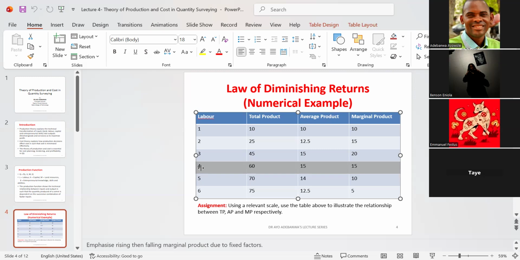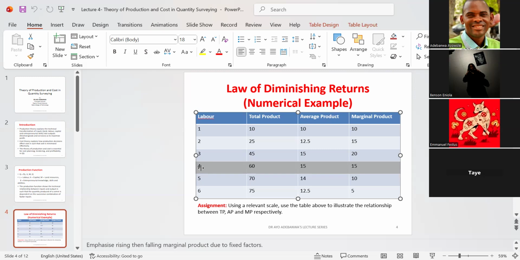That means the addition to labor is not giving a proportional addition to the total output. Even though the total output is still increasing, the marginal output has started falling. Similarly, the average output, or the average product, is also falling.